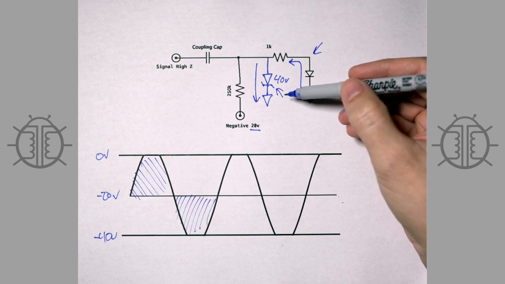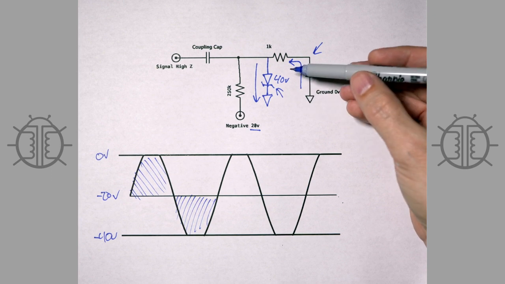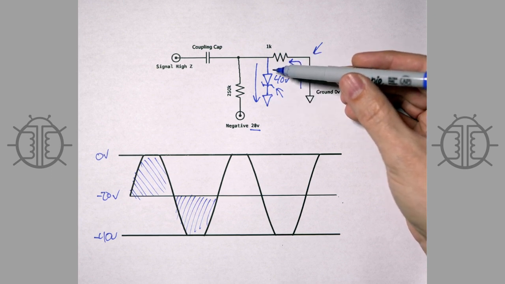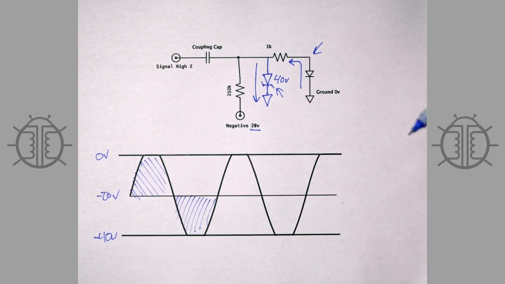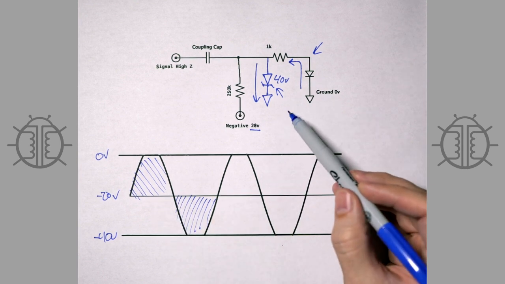You may want to change the bias of your amplifier at some point, and you can't just be going in and replacing Zeners till you find the right one for your bias point. That's a mess.